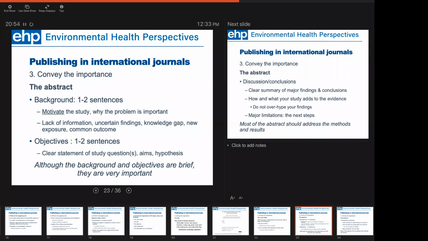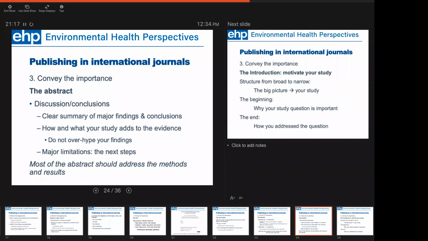So start with a background that motivates the study, why the problem that you're addressing is important, and where the missing pieces are that you're going to fill in. And then your objective, one or two lines, clearly states what your study is going to do, the question that you're trying to address. So these should be very brief, but they're very important.